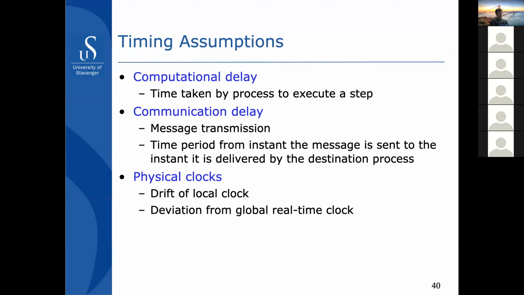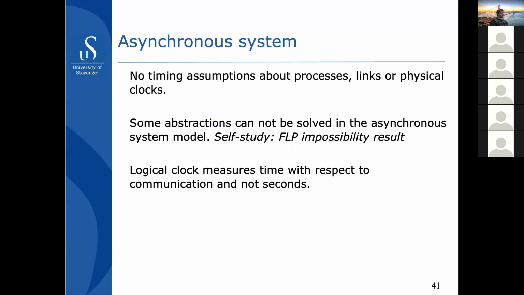So if the real-time clock is, for example, exactly 3 o'clock, your system can be plus or minus some seconds or even minutes from this global real-time clock. In the asynchronous model, as I said, we are not making any assumptions about timing at all, in either processes, links, or physical clocks.